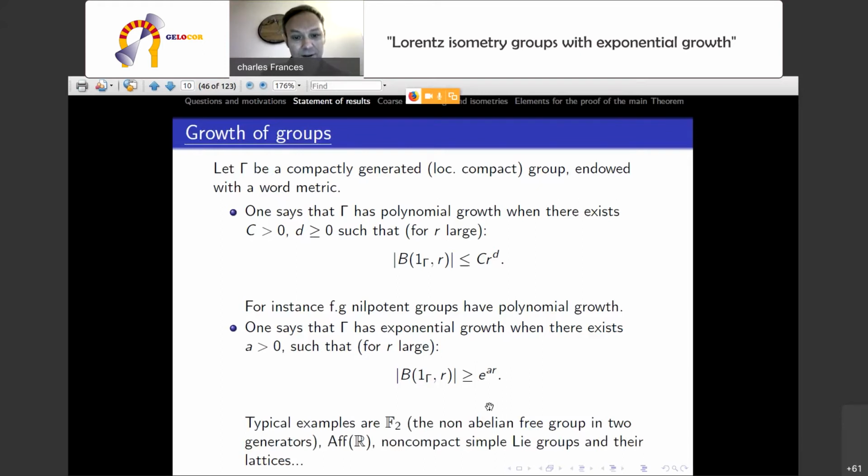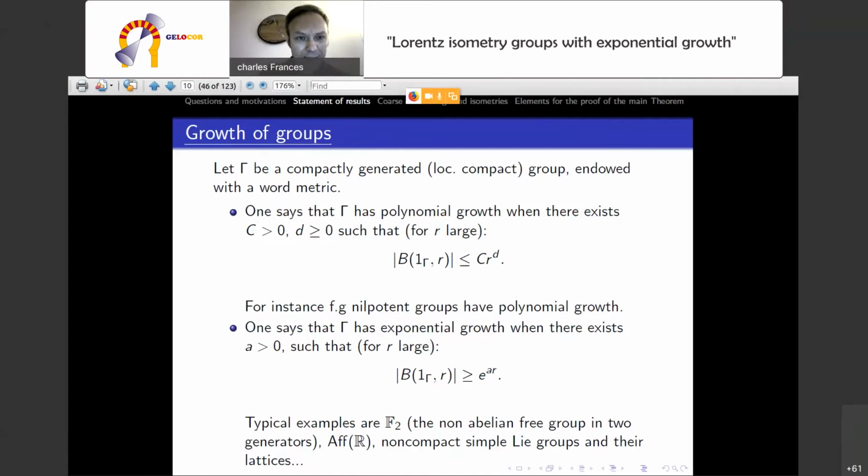For instance, the examples you have to have in mind are the free group in two generators, the affine group of the line, or maybe every non-compact simple Lie group and every lattice in those non-compact simple Lie groups. Okay, so it doesn't exhaust the possible behaviors. You also have groups with intermediate growth, but we won't really deal with that today.